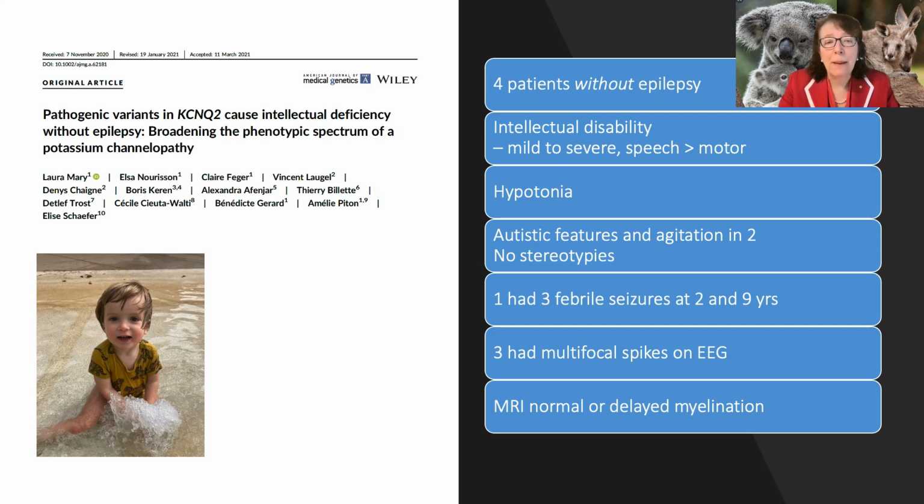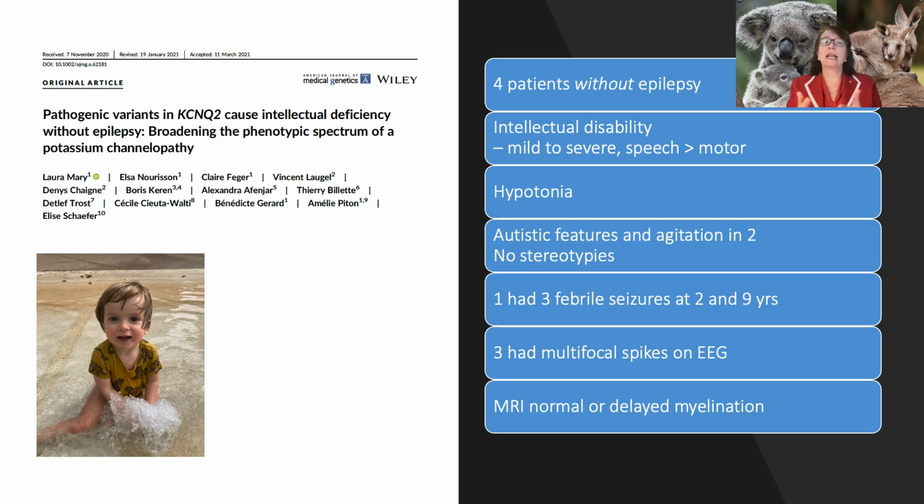Although none had epilepsy, one had had 3 febrile seizures, 2 at 9 years, some at 2 years and at 9 years. Strictly 9 years is a bit old for febrile seizures, but nevertheless had very mild seizures. Despite not having seizures, their EEG showed epileptic activity, multifocal spikes, and their MRIs were normal or showed delayed myelination.